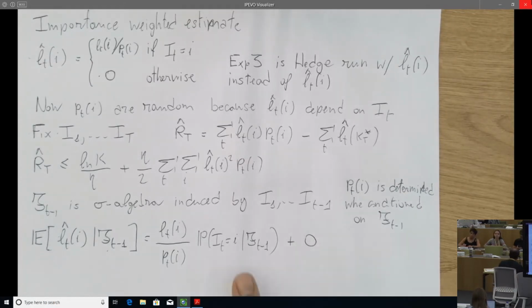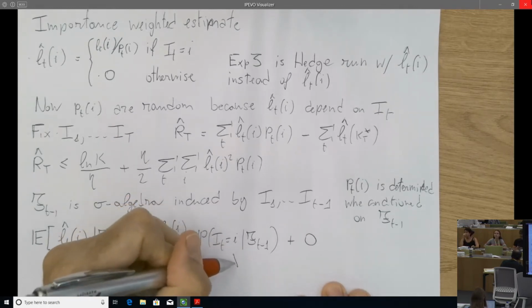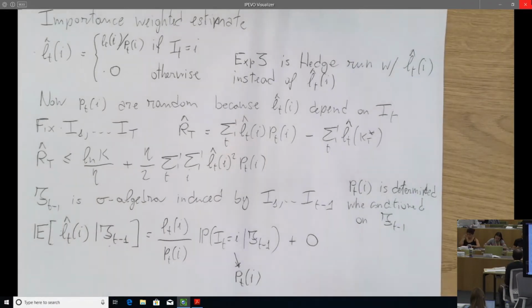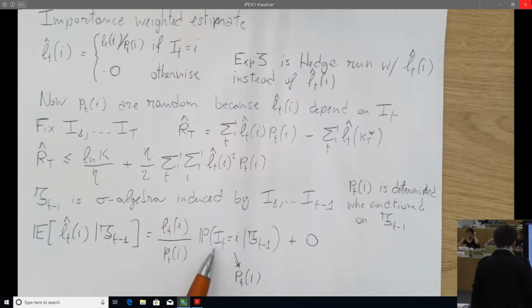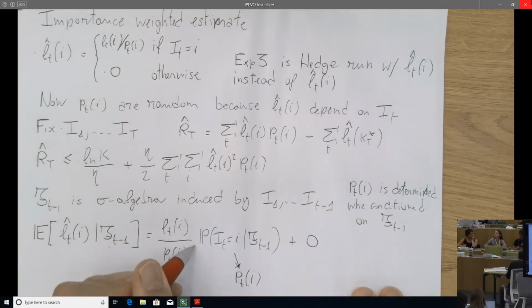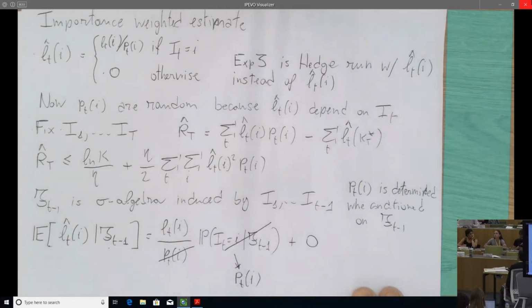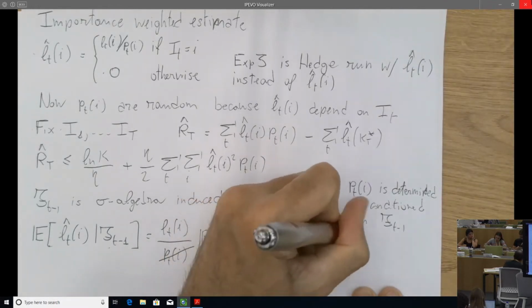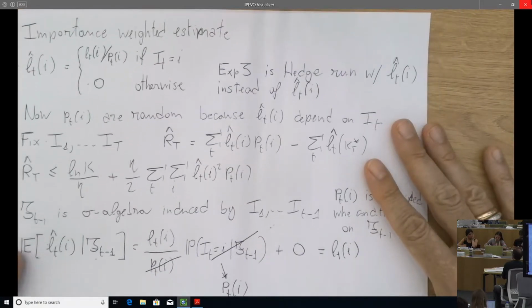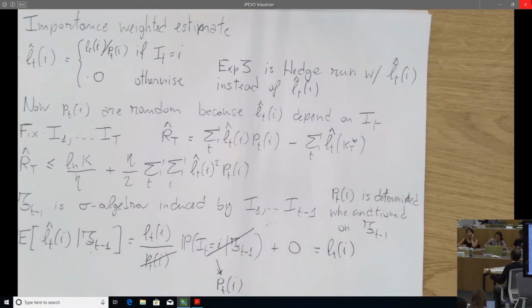So this is a computation, no? Okay. So what is this? This is exactly the probability of drawing the action I at time t by definition. I draw action I sub t with that probability. Therefore, I can simplify this and I get that the hat is an estimate of my true loss.